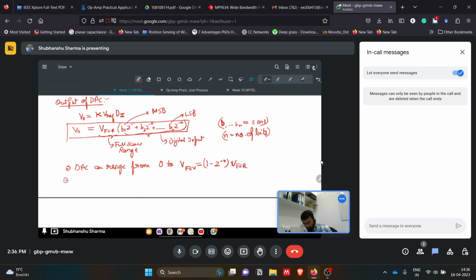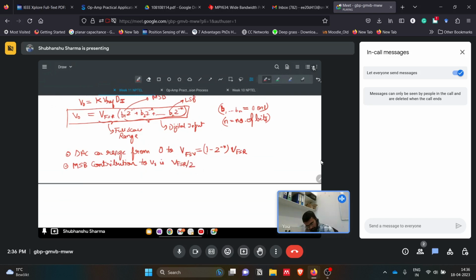Another thing is the most significant bit contribution to V naught, the output voltage, is V_FSR divided by 2, because this is the most significant bit and this is the contribution from that.